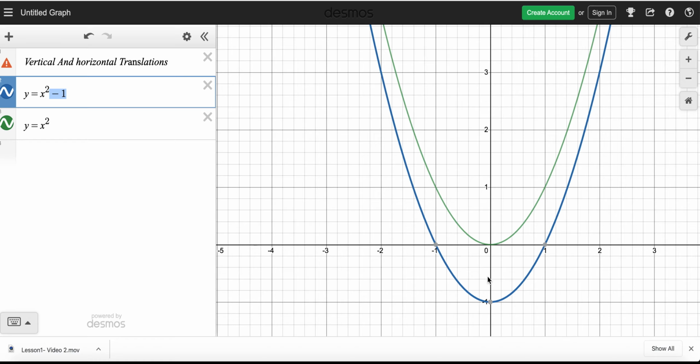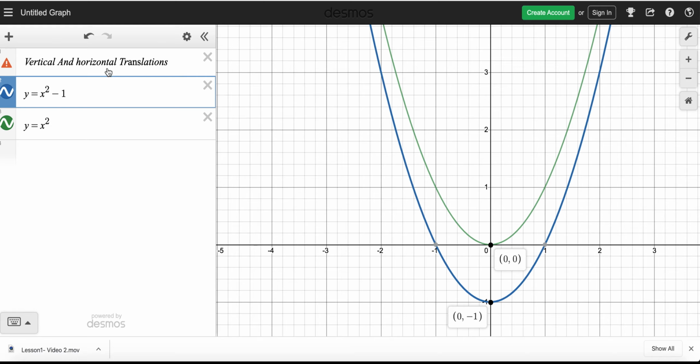This graph is going to shift down all the points, all the y values. So this was the vertex 0, 0. What would you expect the new vertex to be? x is still 0, yes, but the y value now is negative 1. So it is 0 and negative 1. That is a vertical translation.